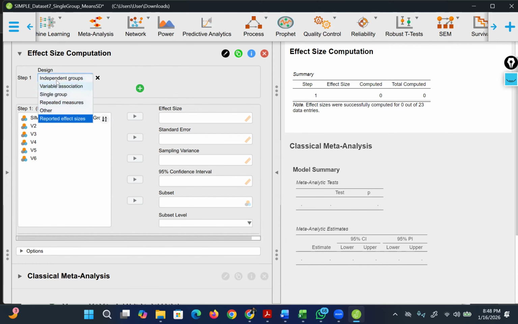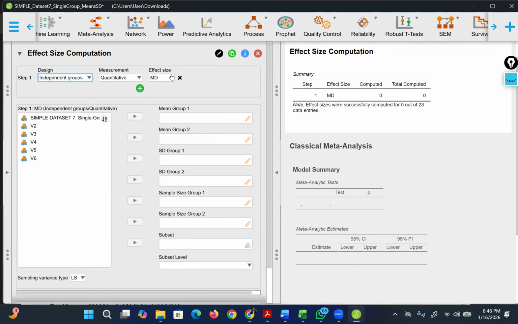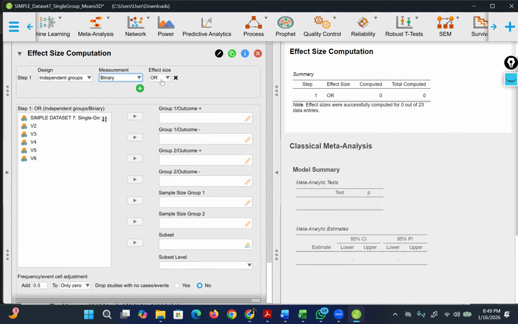And see, there are so many: independent groups, mean differences, standardized mean differences, SMD, okay? And you can see risk ratio. So there are so many things. If I say I'm talking about binary, meaning odds ratio, we have odds ratio, and there are so many other ratios there.